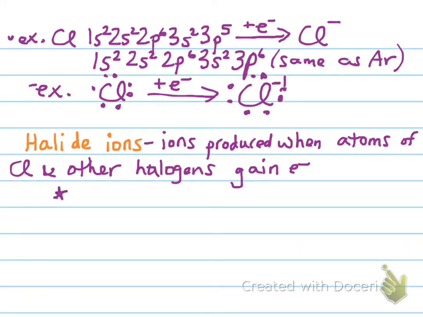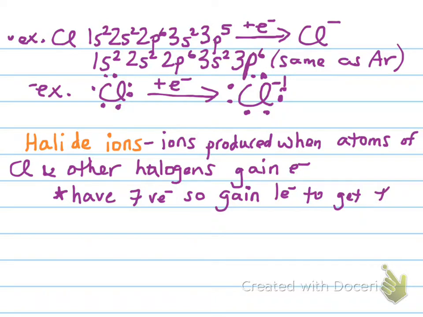All of the halide ions have 7 valence electrons, so they gain 1 electron to get the noble gas electron configuration.